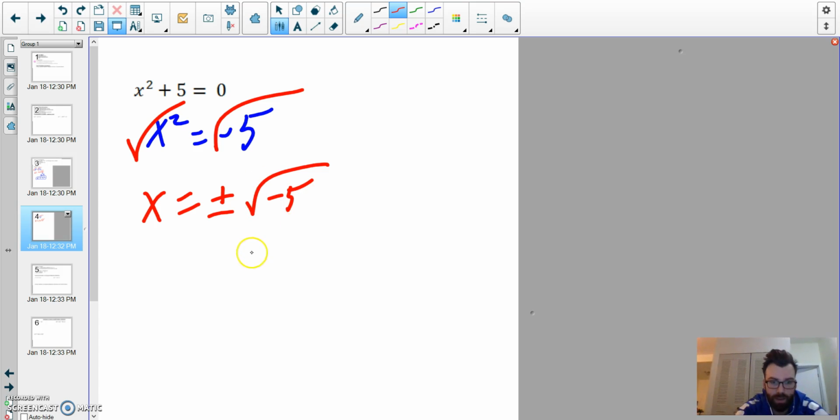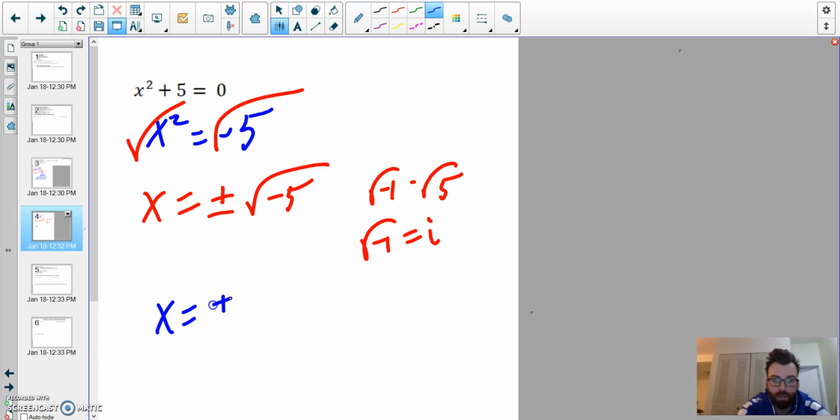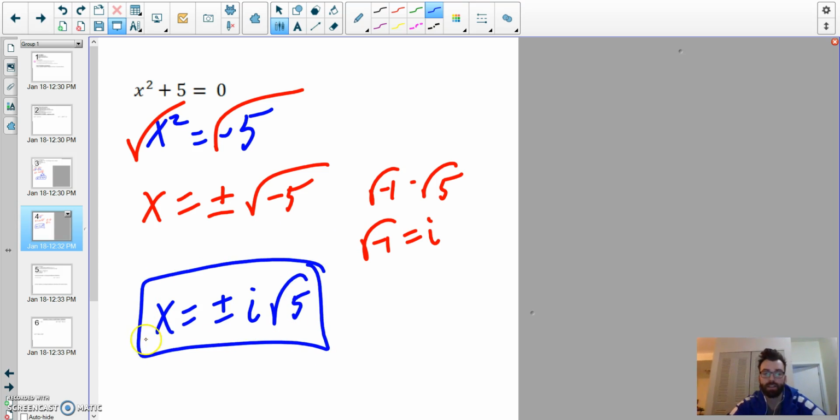When I take the square root of a negative, technically this is negative 1 times negative 5. Well, remember that the square root of negative 1 is i. So this technically becomes x equals plus or minus i radical 5. Well, this is not a real root. It is an imaginary root, though. We're going to talk a lot more about imaginary numbers in a couple of videos. But don't forget that if I have the square root of a negative number, I can take my imaginary number out, i.